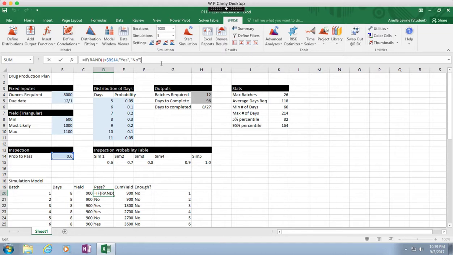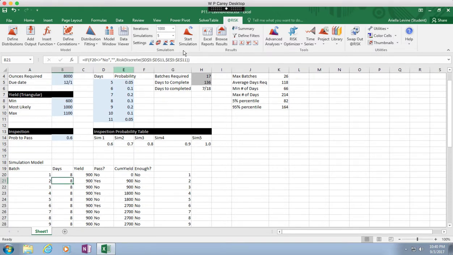In this example in particular, I've got a 0.6 chance of it passing, and it'll generate either a yes or a no. If it doesn't pass inspection, we don't get to count it. Because it did not pass in this case, I have 0 yield. So it took me 8 days, I got 900 units, and after all that, I get to keep none of it. Then in this formula here, I ask, is that enough? Do I have enough in my cumulative, which in this case I didn't, to meet my 8,000 requirement? If no, we have to keep going.